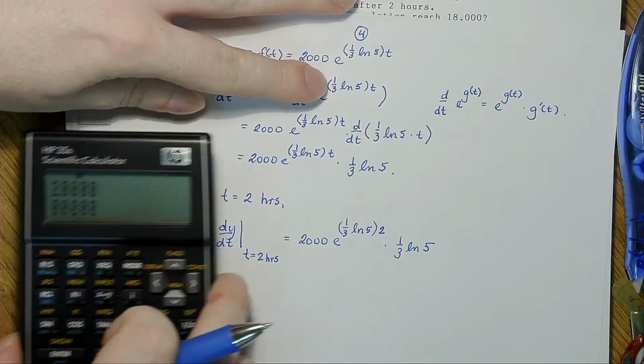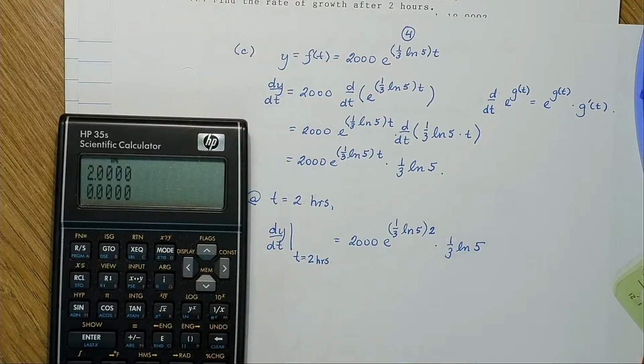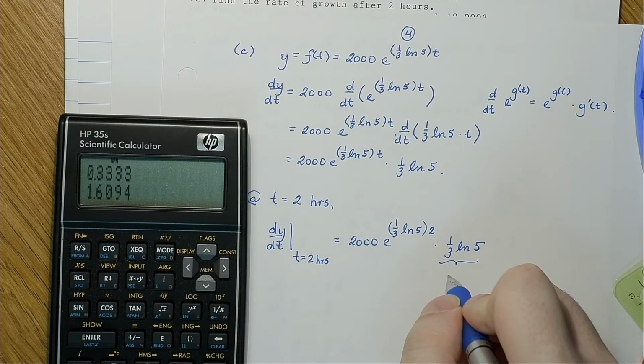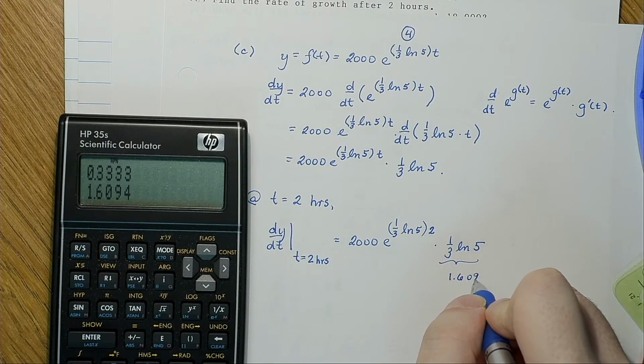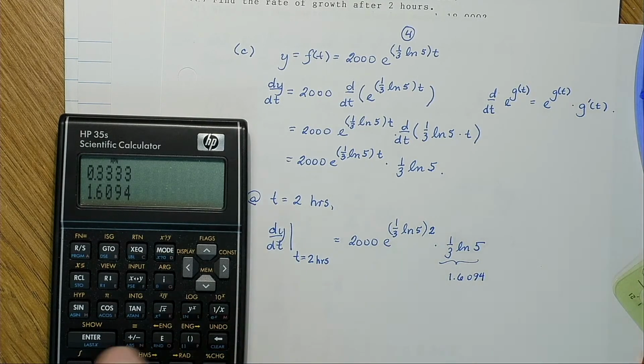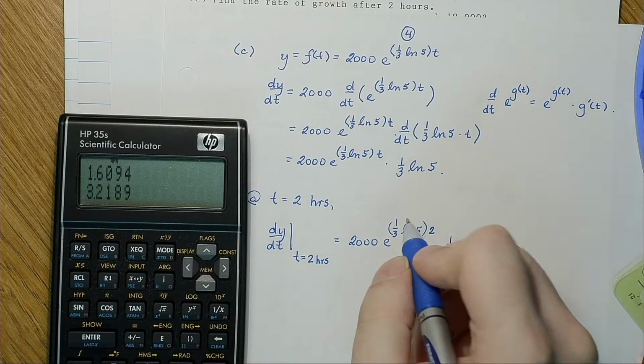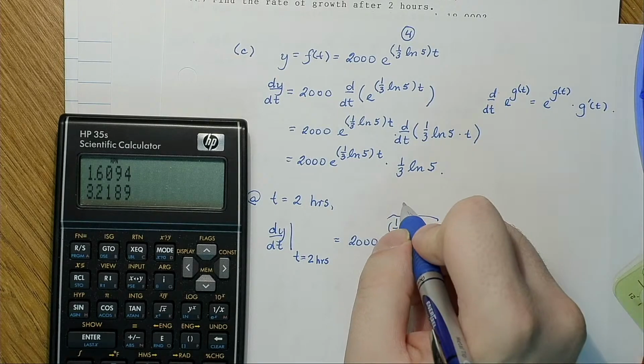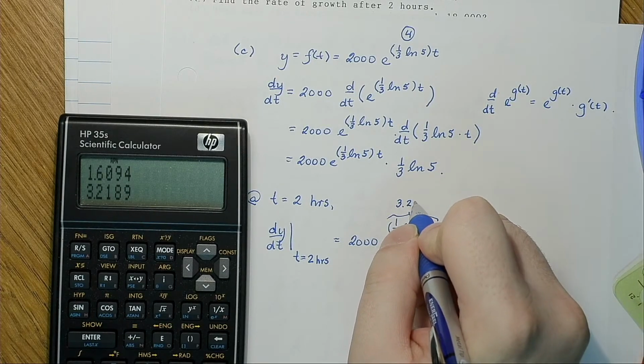And let's see if I can do this. So I have a third and I have a ln. Right here is 1.6094. Up here, I'm going to multiply that by 2, so I have 3.2189.